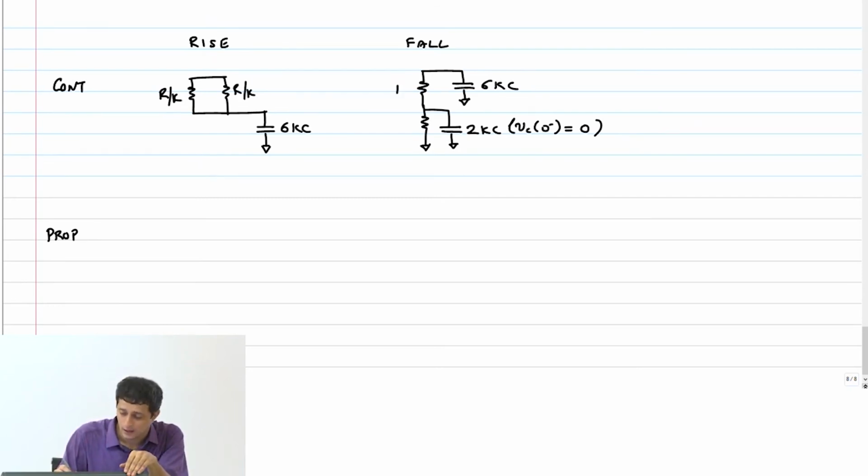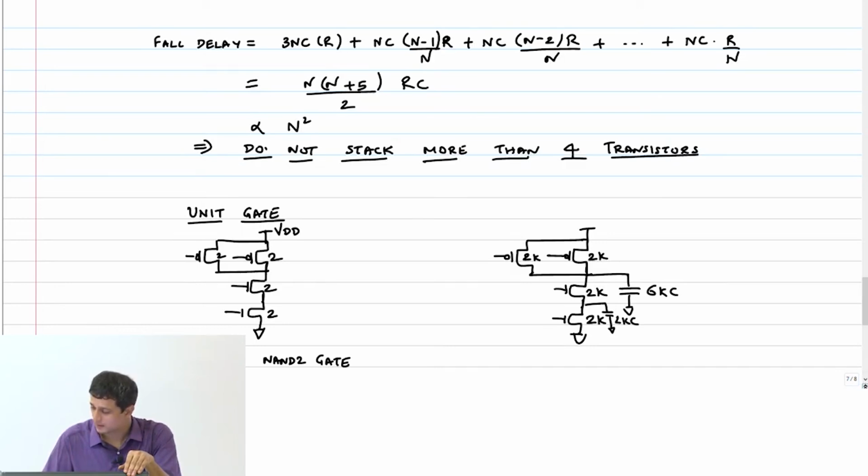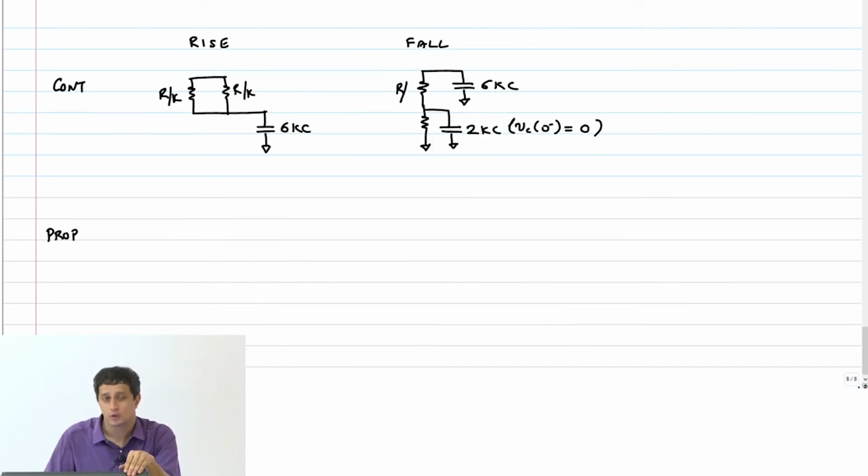R, R by 2K. It's only for the PMOS that you have to do 2R by W. For the NMOS, it's just R by W.